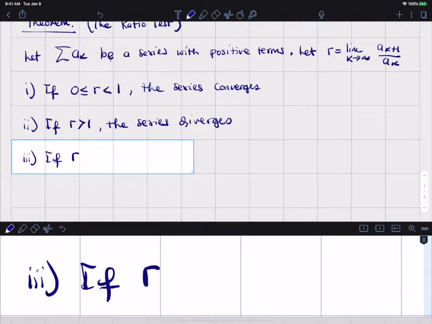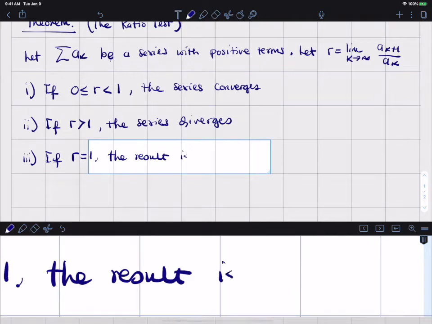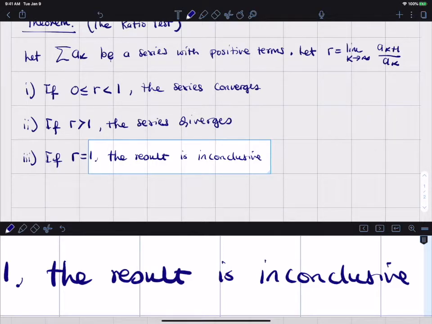If R is equal to 1, the result is inconclusive. Okay.